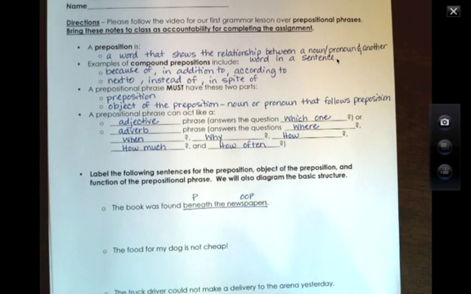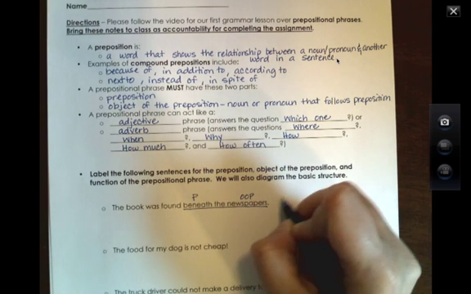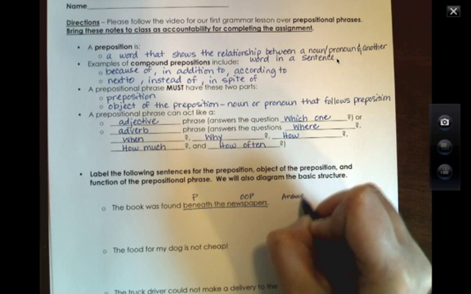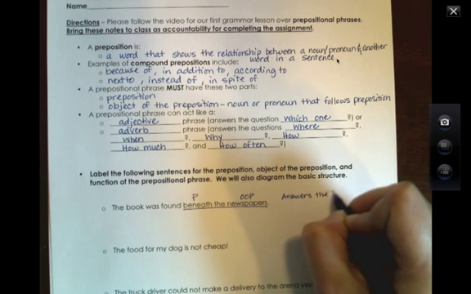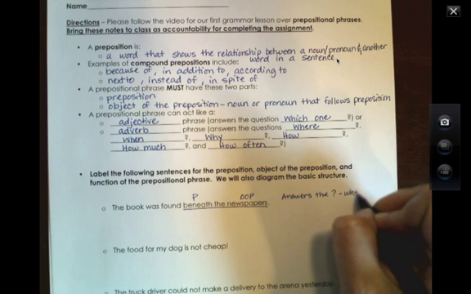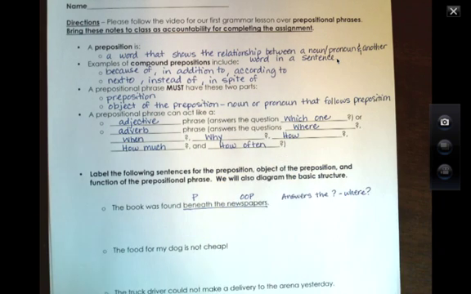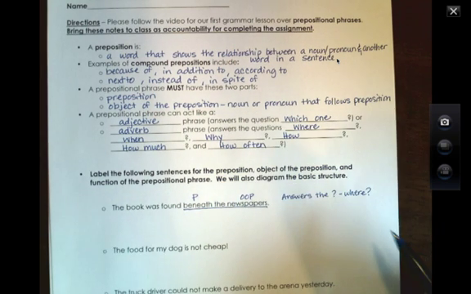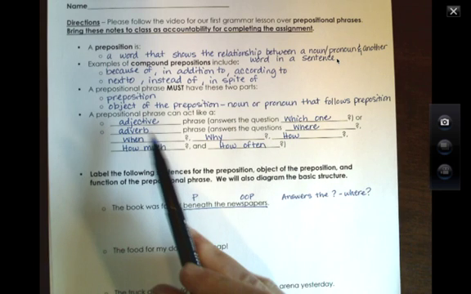So if we look back at this first sentence again, and we're looking strictly at our prepositional phrase: the book was found beneath the newspapers. Beneath the newspapers answers the question where. If it answers the question where, we know it's going to be an adverb phrase.